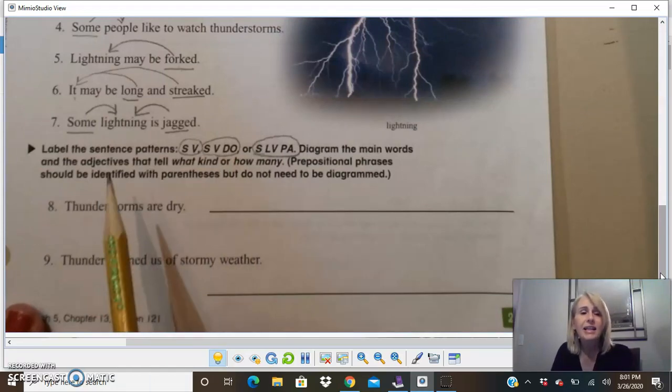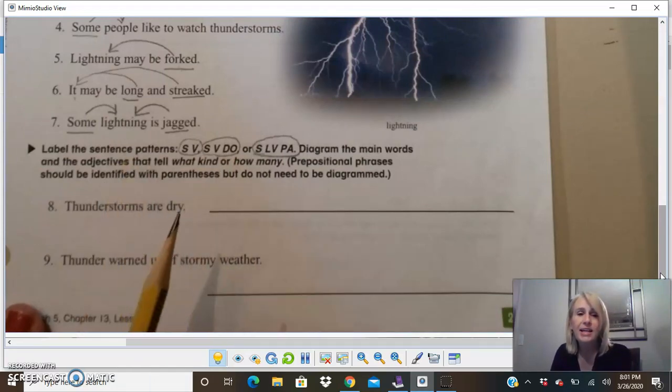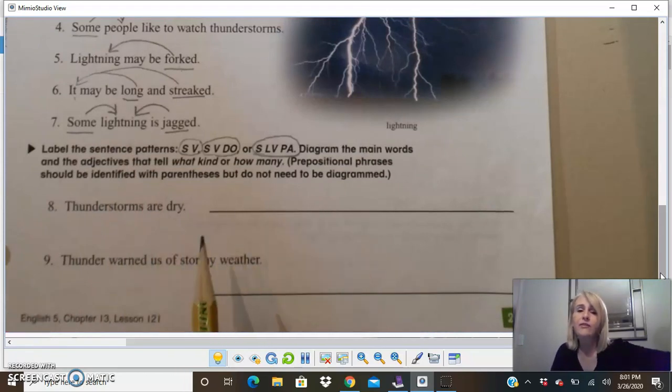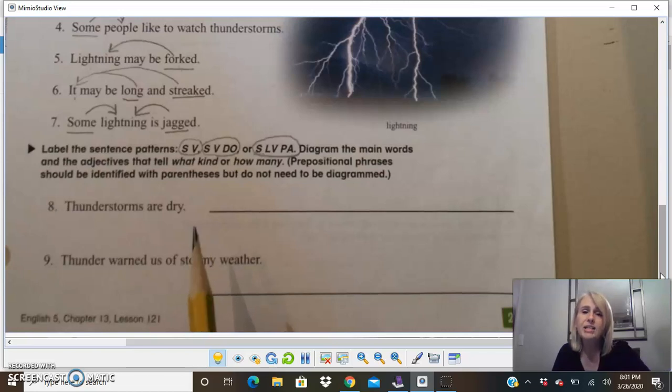It says, label the sentence patterns SV, subject verb, or SVDO, subject verb direct object, or SLVPA, subject linking verb predicate adjective. Diagram the main verbs and the adjectives that tell what kind or how many. Prepositional phrases should be identified with parentheses, but do not need to be diagrammed. So let's look at the first one.